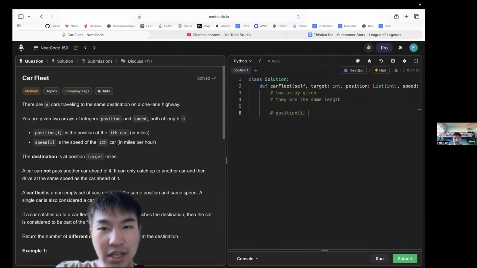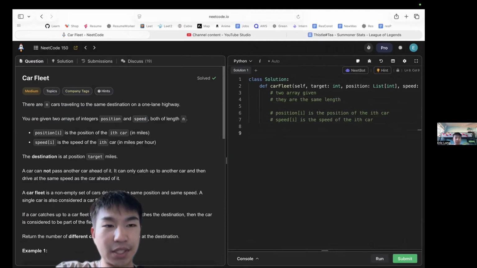Speed i is the speed of the ith car. So we're given speed and position. The destination is at position target miles.